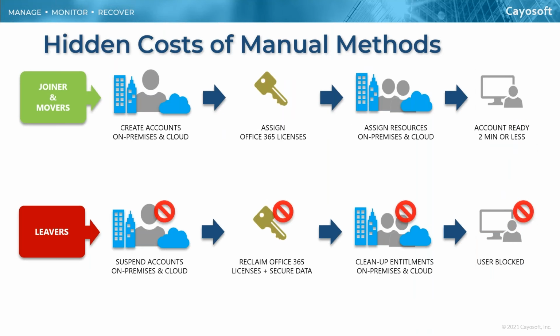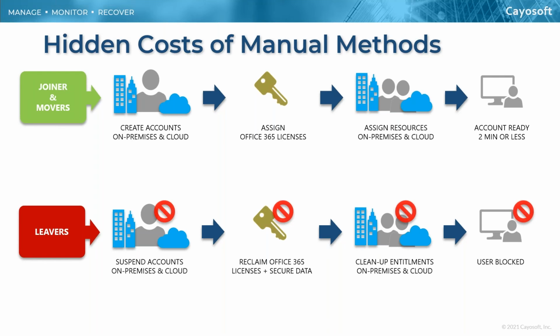Now, doing manual management has some hidden costs. And we mentioned that earlier. There's a lot of different disconnected systems. You have to visit lots of steps. They're different between systems, et cetera. But I wanted to just give you an idea of some of the basic things that you're going to do. You're going to have to create some accounts. For the Microsoft hybrid environment, you're likely going to assign Office 365 or Microsoft 365 licenses.